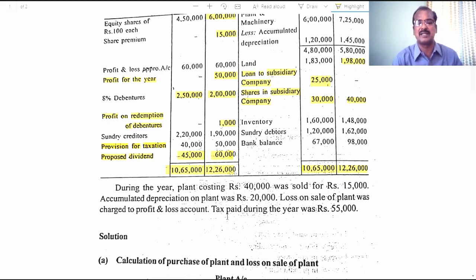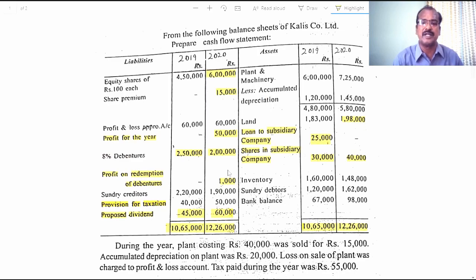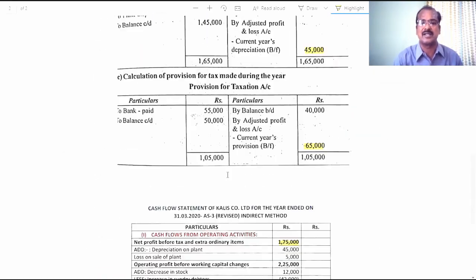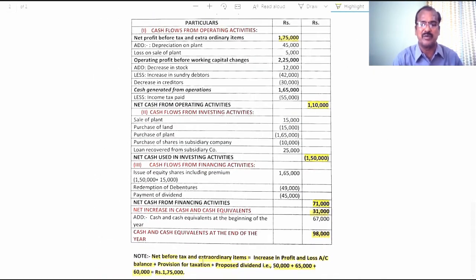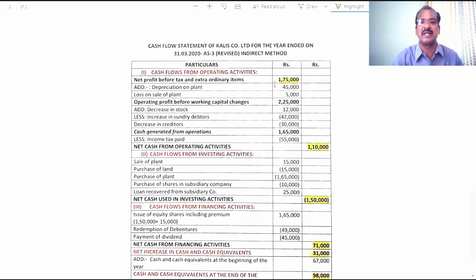So the treatment is different from what I have explained. But in this problem, since they have given the problem in the old method, I am also following the old treatment with regard to proposed dividend. So this 60,000, which is a proposed dividend for the current year 2020, has to be added as an extraordinary item to calculate net profit before tax and extraordinary item. This is how this figure has been calculated.